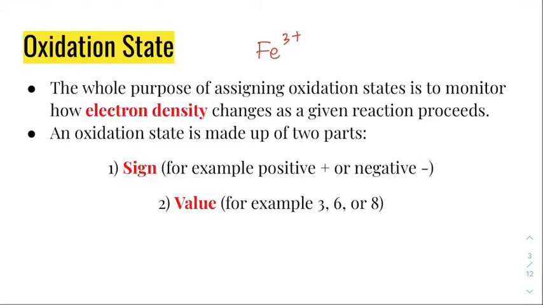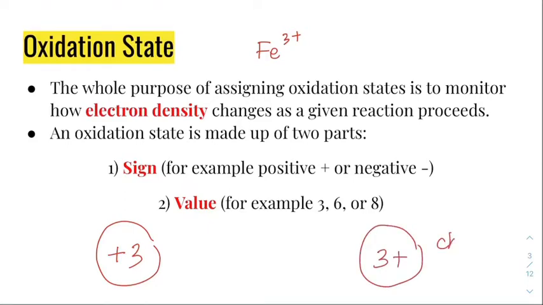The correct way to write the oxidation state of iron here is +3. 3+ is the charge, while +3 is the oxidation state, which can also be called the oxidation number.